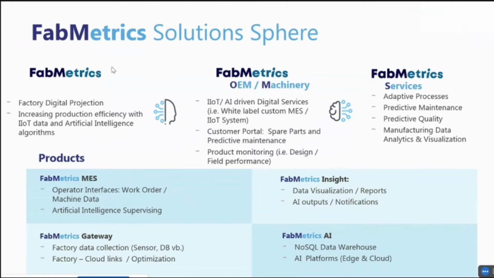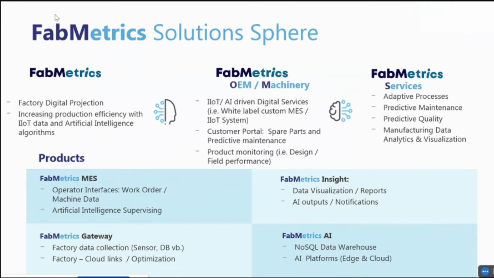We collect all this IoT data and create a big data warehouse on the cloud. Based on this data warehouse, we run our AI algorithms over the pipelines, and with these AI algorithms, our objective is to increase production efficiency. I will give the details of these AI algorithms later on.